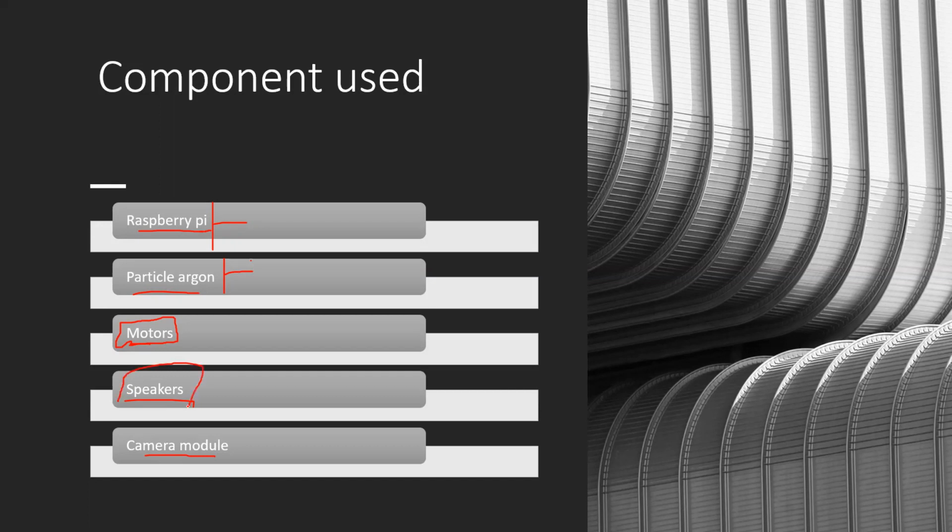Speakers: any small speaker that can fit in the enclosure will work for this system. Camera module: this is a very popular camera module for Raspberry Pi, which is available online. I'll be using that camera module in this project.